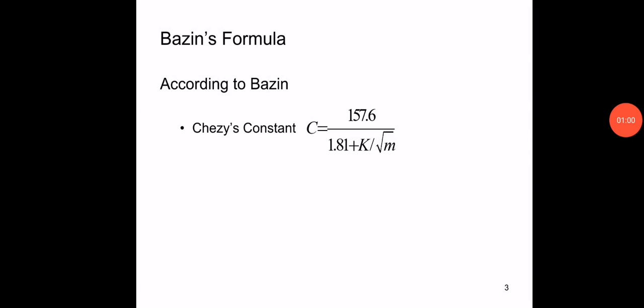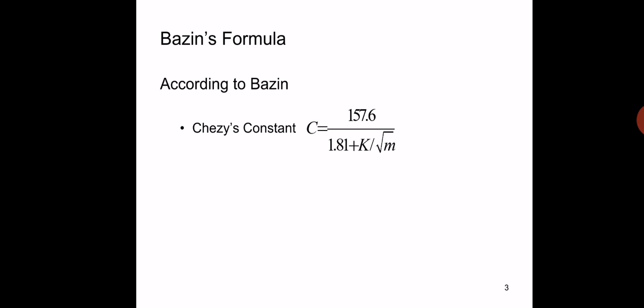According to Bazin's formula, Chezy's constant for open channel flow is C equal to 157.6 by 1.81 plus K by root m. All these are empirical formulas we may use in the determination of velocity and discharge in an open channel flow.